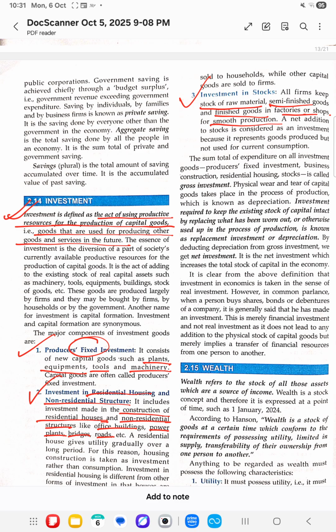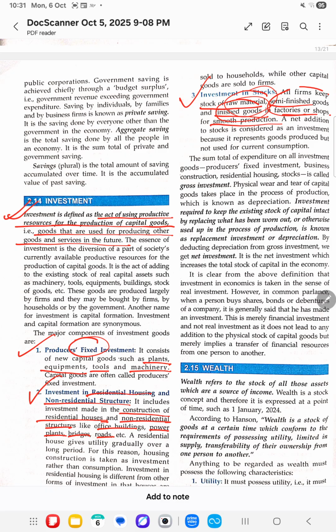Fixed are those products which will persist for a long period of time. And when we say that we are stocking raw materials, semi-finished goods, finished goods, which will help in production, it's not fixed, it will not stay for a long period of time. You're stocking it so that it can be used for production and be sold as soon as possible.